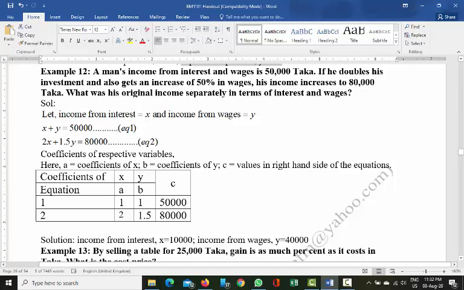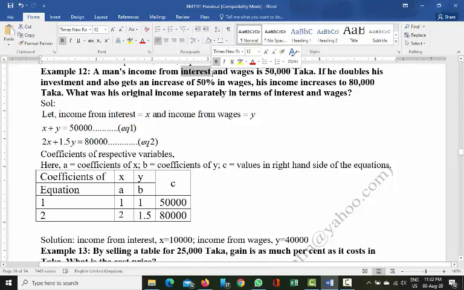Right. So now let's move to the next one. Example 12. A man's income from interest and wages is 50,000 taka. That means a man's income comes from interest and wages, and the total is 50,000 taka. If he doubles his investment, interest comes from investment, obviously.